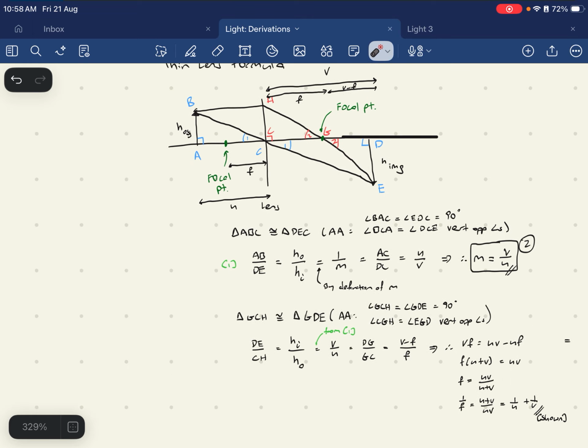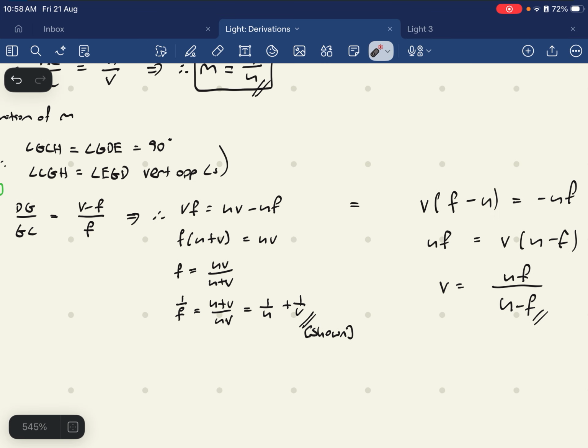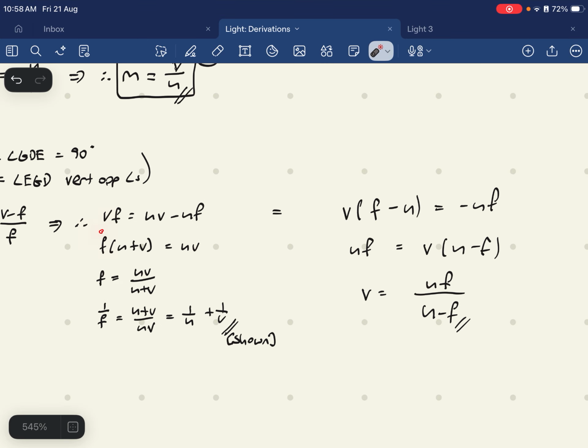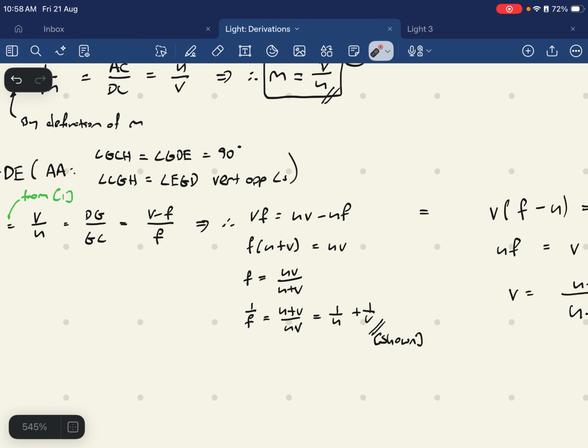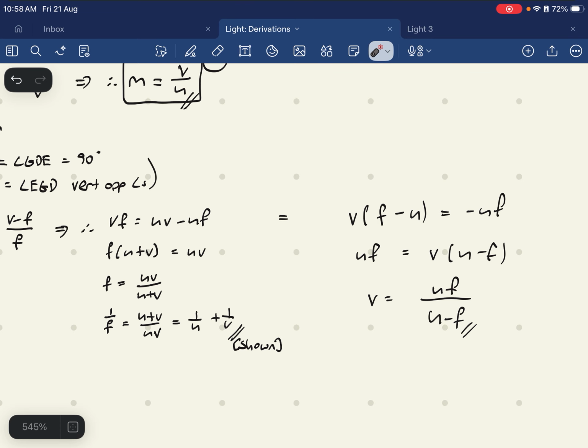And then there is a second interesting implication. If you look at this formula, previously we obtained this result. From this result that you get by similar triangles, you are able to isolate all terms that contain V. So you have VF and you have VU. You bring this term over, it becomes this result.